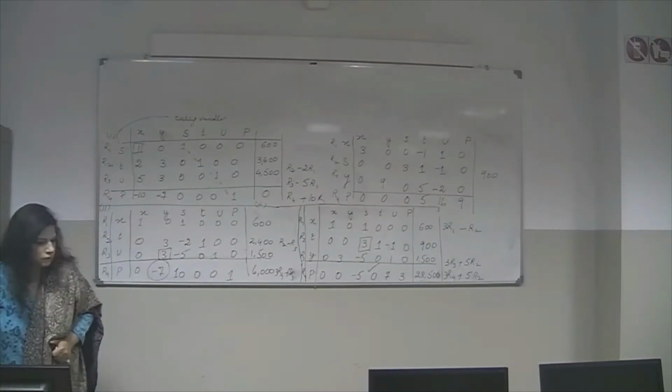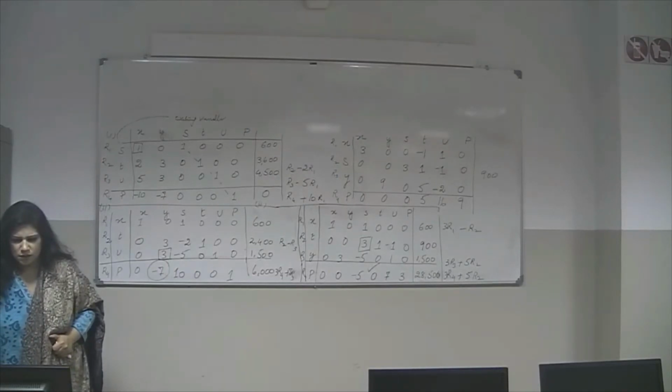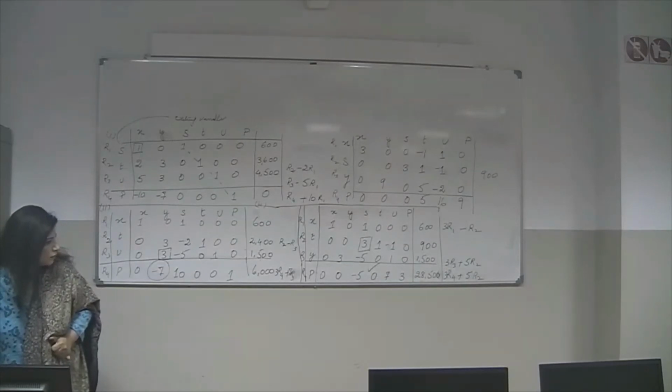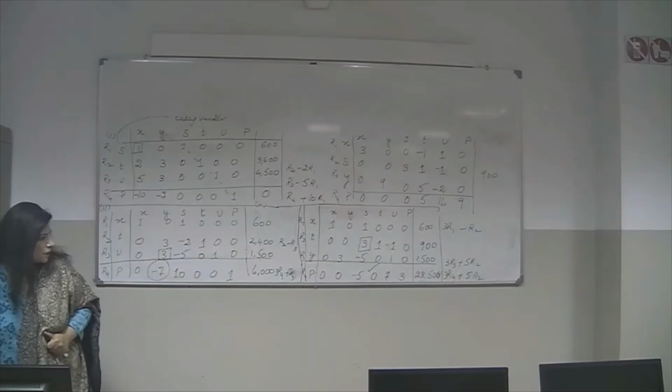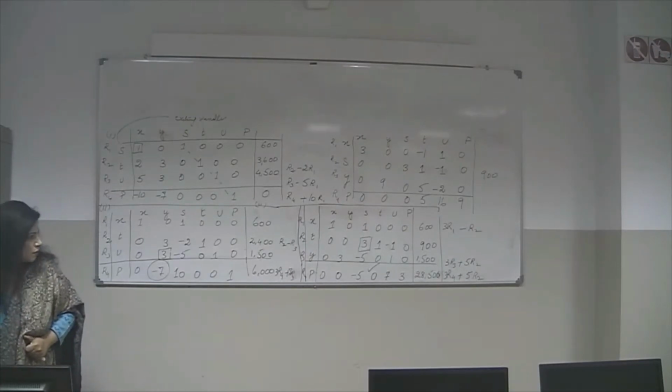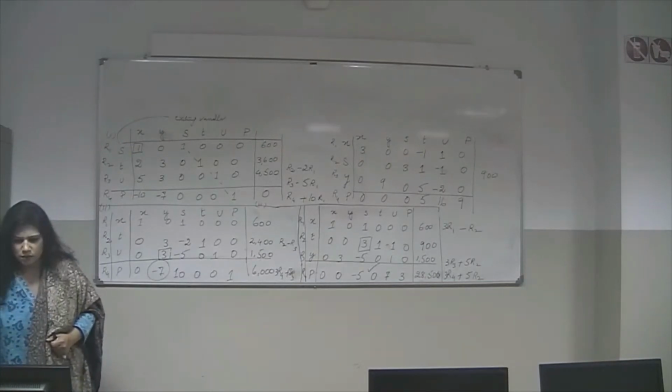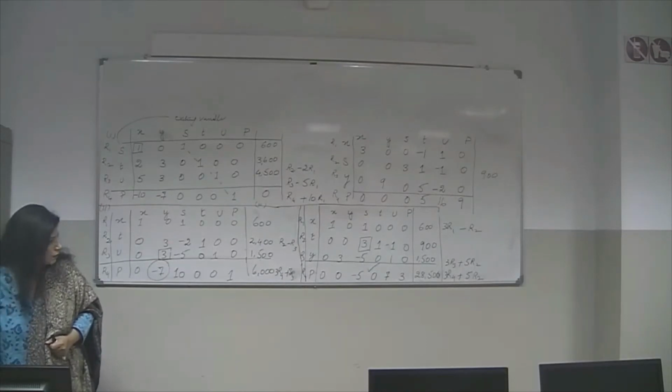And let me just see, 1,500 plus 900, so it's 900 into 5, oh no, it's not 1,500, it's actually 900, because it's R2, so it's 45, so 85,500 plus 45, no, this is something, oh, this is 28,500 into 3.